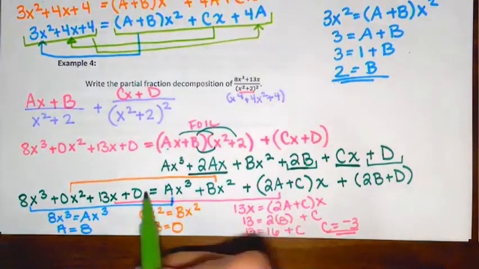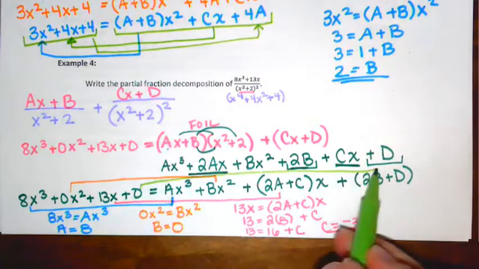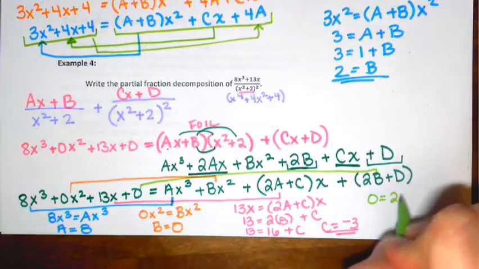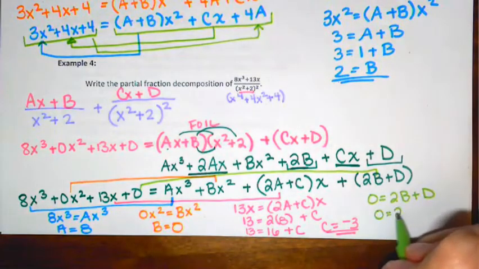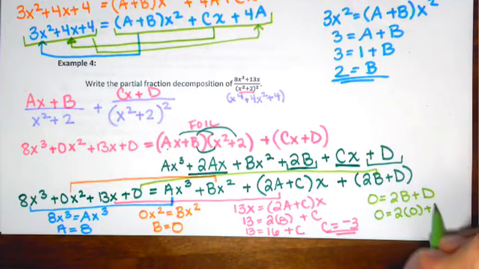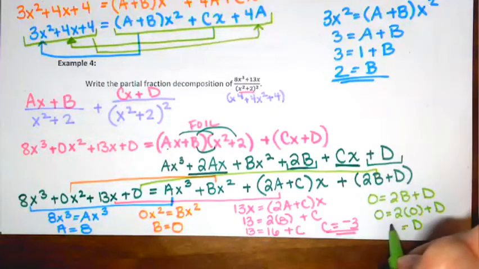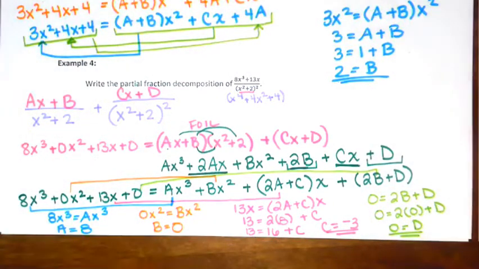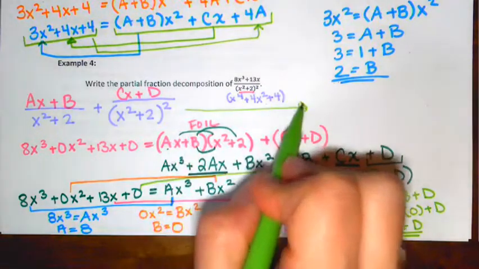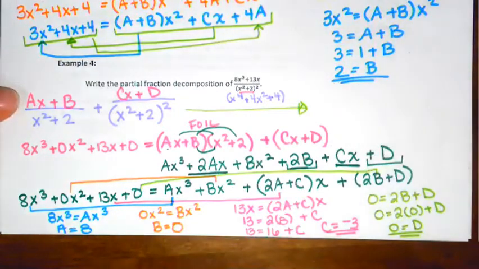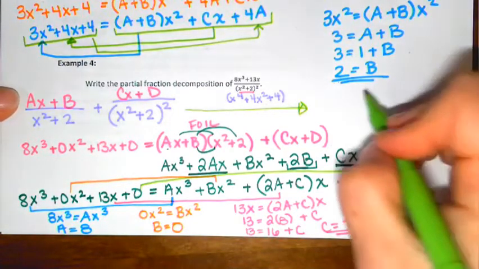And we have a 0 as my constant equals 2b plus d. And what do we know about b? It's 0. So d is going to equal 0, won't it? So now do we know what a, b, c, and d are? Yeah. When we write our partial fraction, ax plus b. So what's my a? 8.